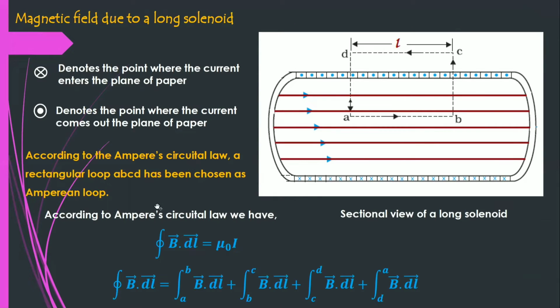So if we apply Ampere's circuital law, we have the line integral of B dot dl is mu 0 I. We have taken an Amperian loop ABCD, a closed loop, for the integration.